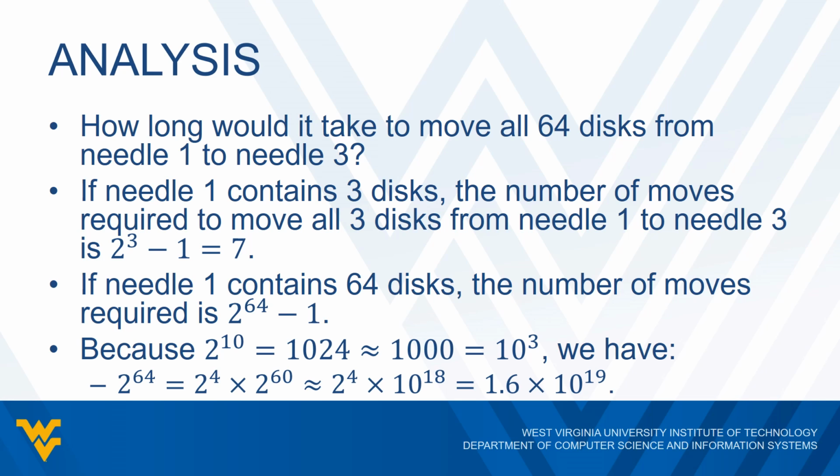How do we get that? Well, 2 power 60 means that we're going to have 10 power 3 6 times based on our approximation. So 10 power 3 6 times is 10 power 18. So 2 power 4 times 10 power 18 turns out to be 1.6 times 10 to the 19th power.